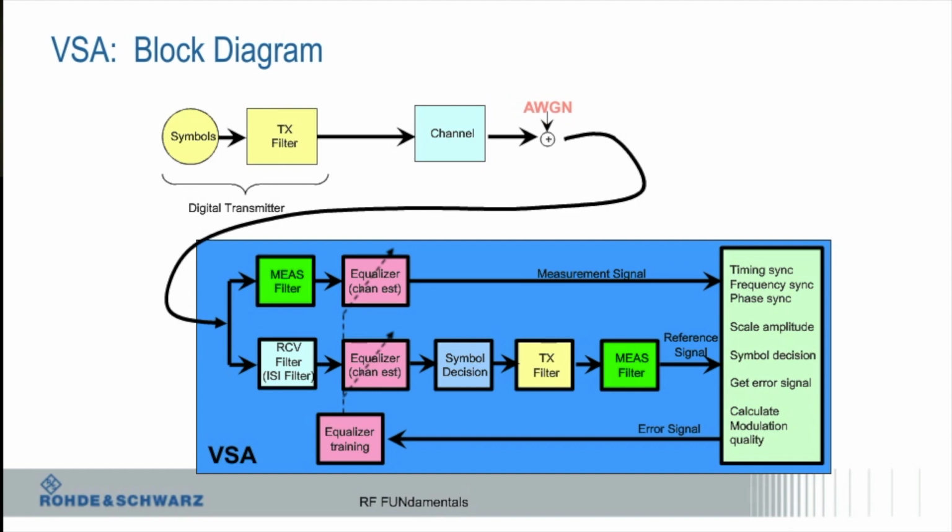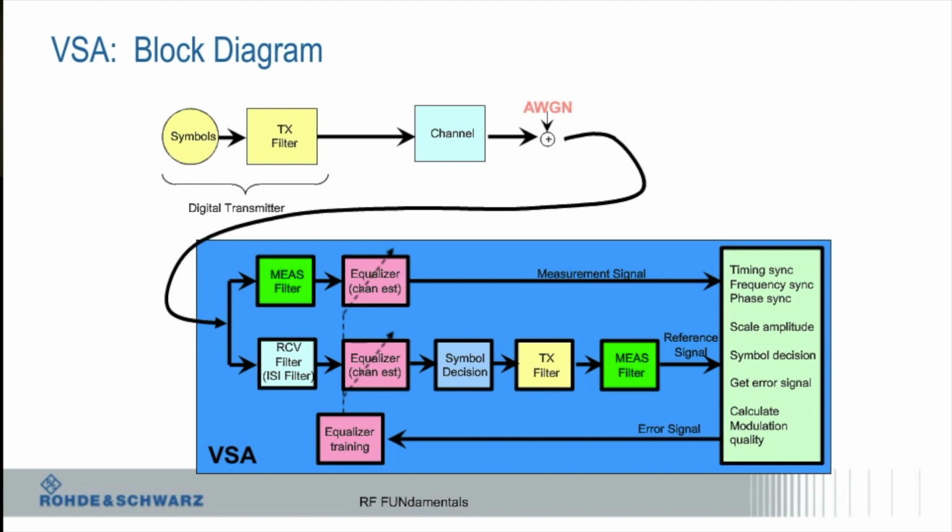It's going to make an equalizer and modify that training sequence so the equalizer closely matches your channel. Okay, so that again gets programmed into here, and then you look at what's going on inside. There's a symbol decision, the transmit filter, and the measure filter. So this is roughly what goes on inside.